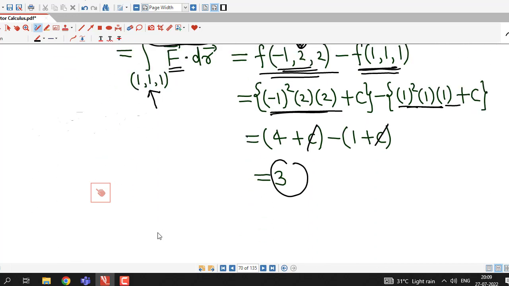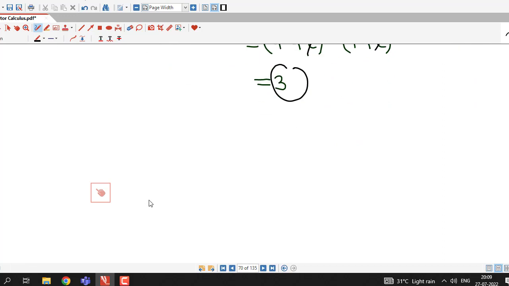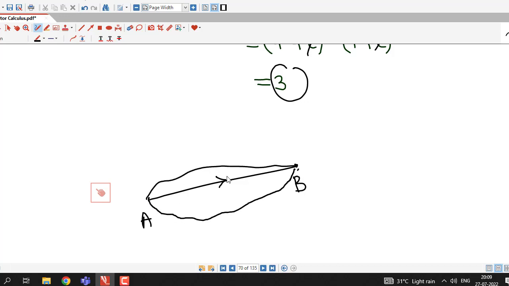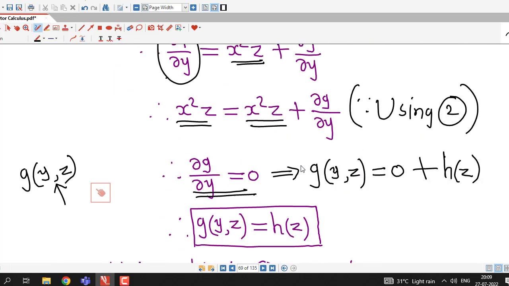And in our case, our line integral has the value 3 along any path joining 2 points, not only this path which is a line segment. Along any path joining these 2 points, the value of the line integral will be 3 by the fundamental theorem of line integrals. So this is a very important problem.